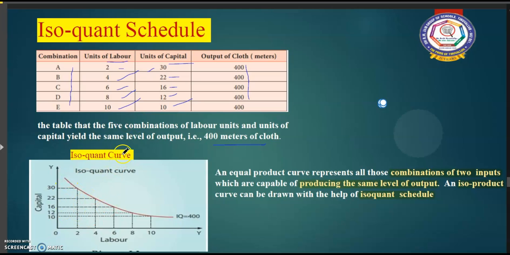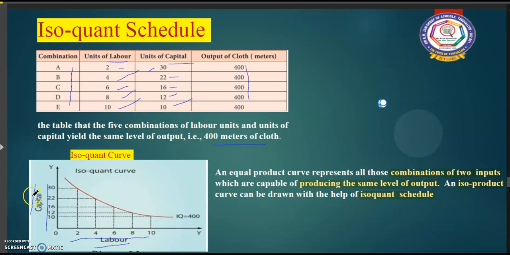Children, this is the graphical representation of this schedule. Labor is marked on the y-axis and capital on the x-axis. Here you can see units of labor increase from 2, 4, 6, 8, 10, and the combinations of units of capital are 10, 12, 16, 22 and 30.